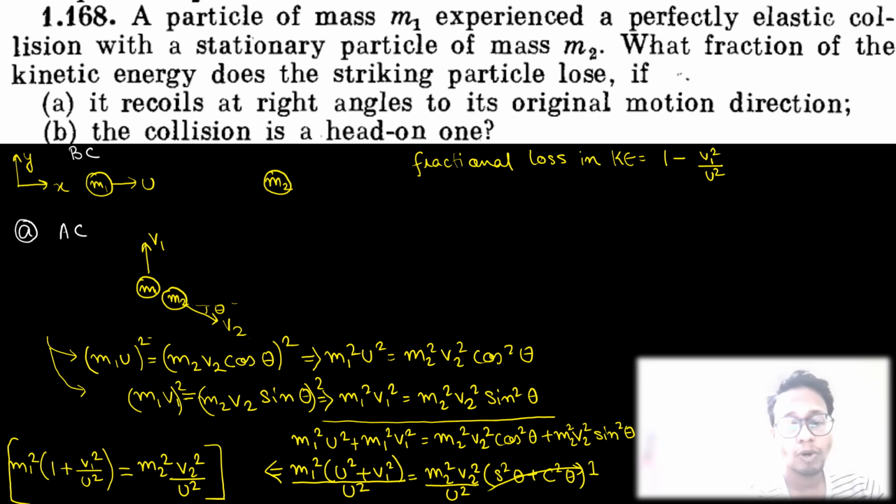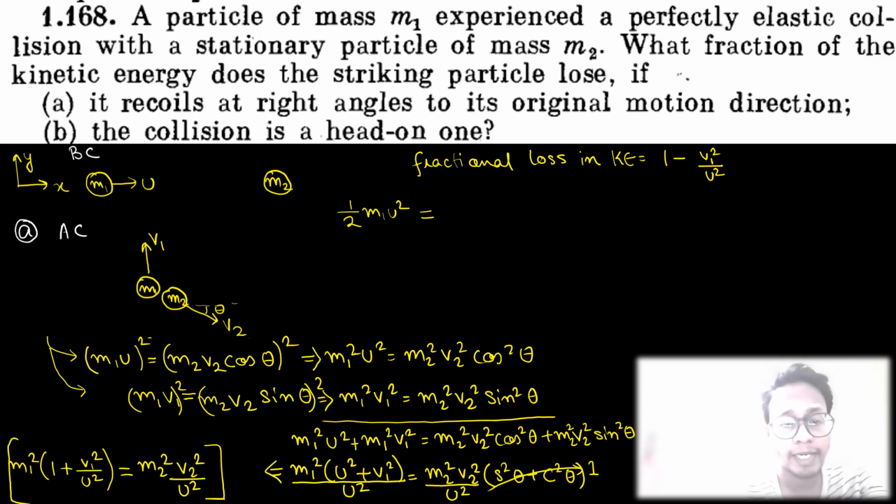What other equation can we apply here? I can deduce another equation from conservation of kinetic energy. What was the initial kinetic energy? Half m1 u square. Did this body have any kinetic energy? No. So the kinetic energy before collision is half m1 u square.